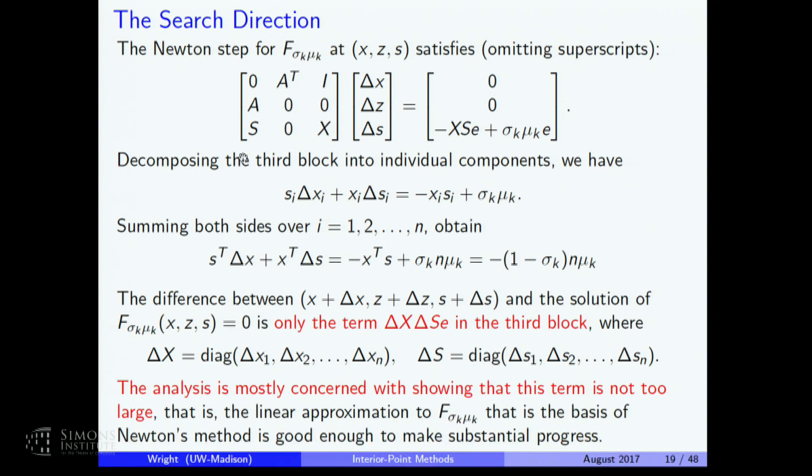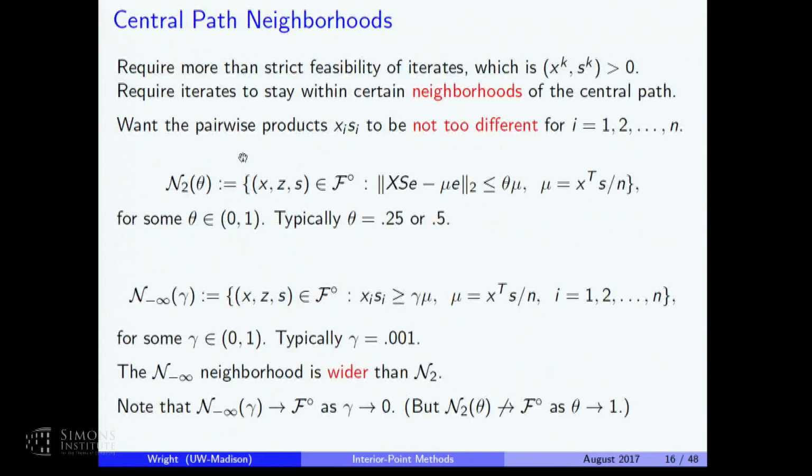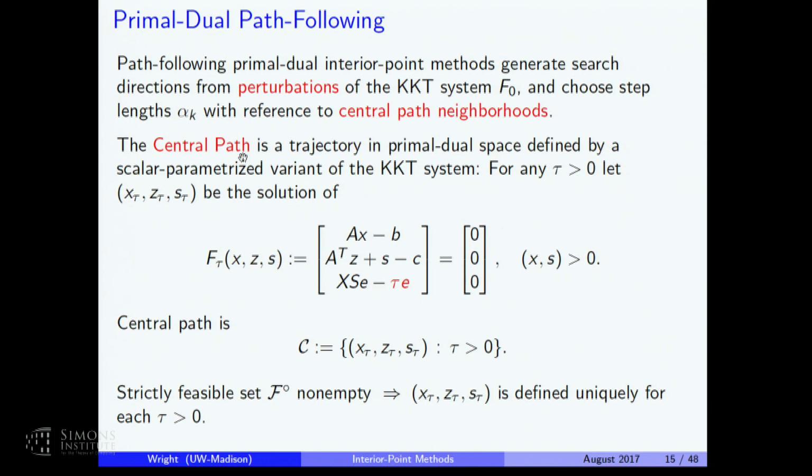Okay, so let's dive into some of the details of this. First of all, this is the Newton step for f tau, where tau is sigma times mu. So I've just written down the Newton equations. That's the Jacobian of this system here. When I take the first partial derivative matrix of that system, it's almost all linear. So most of the terms in the Jacobian are actually constant.